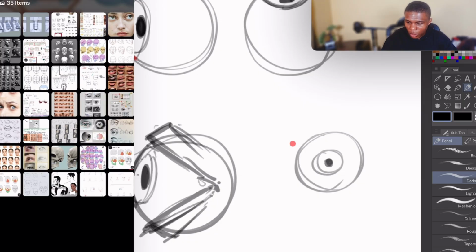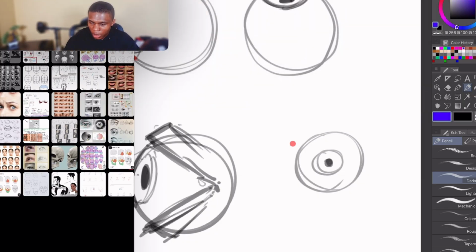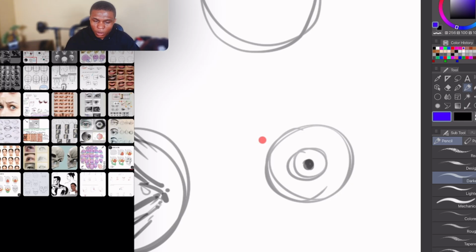You're going to put planes, and one easy way to draw the planes of the upper eyelids is: we have one, two, three, and then one, two. And this is our eyelid.